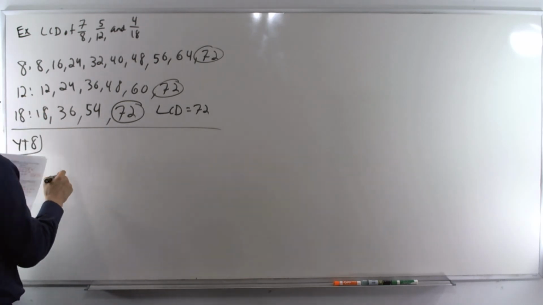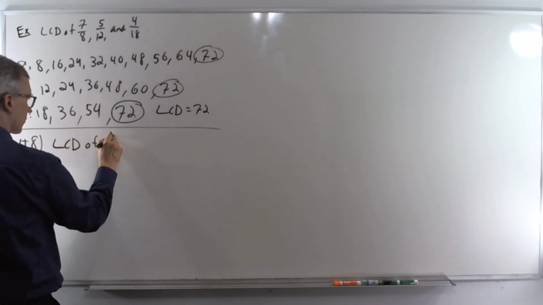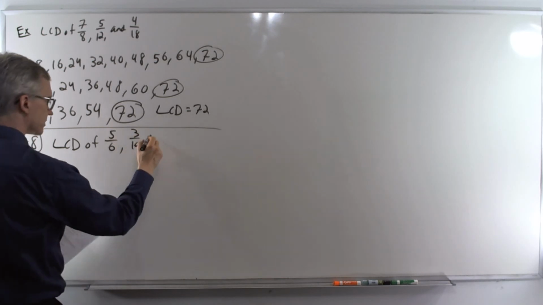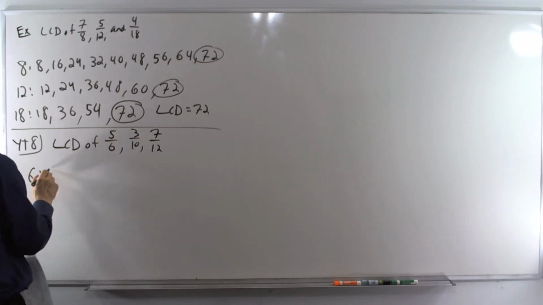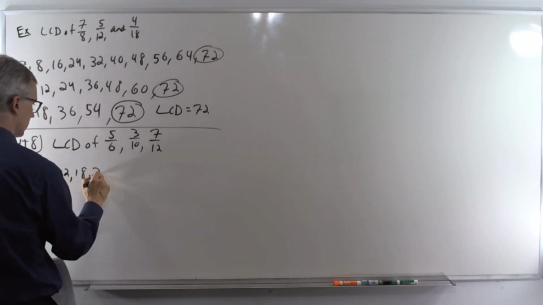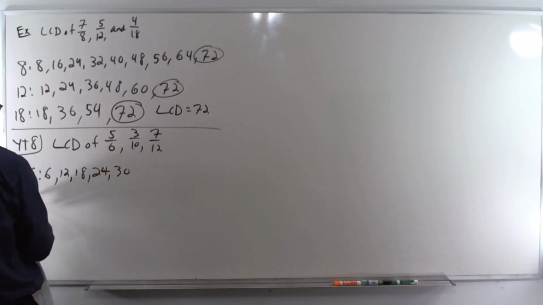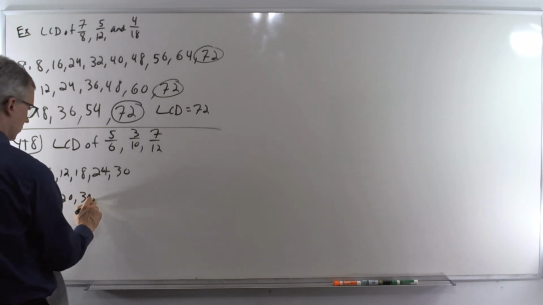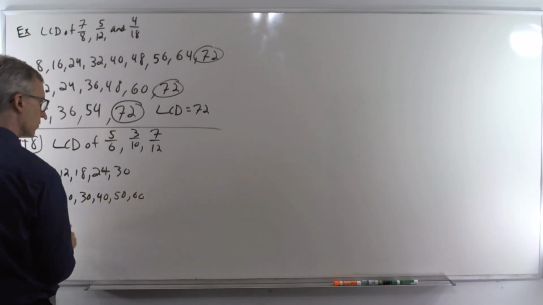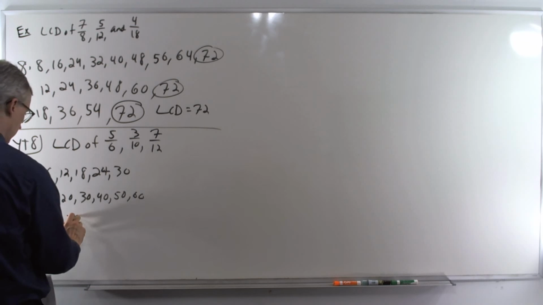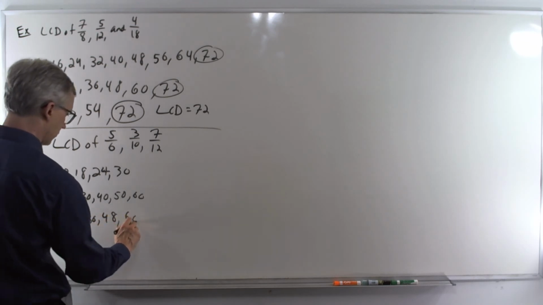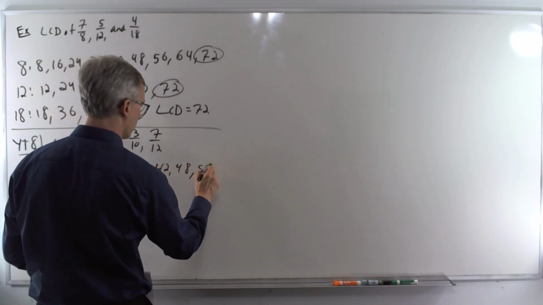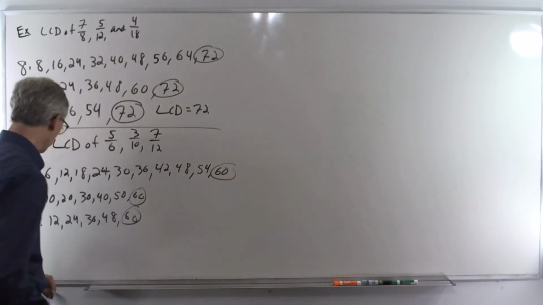Find the LCD of 5 sixths, 3 tenths, and 7 twelfths. Alright, there's our list of multiples.